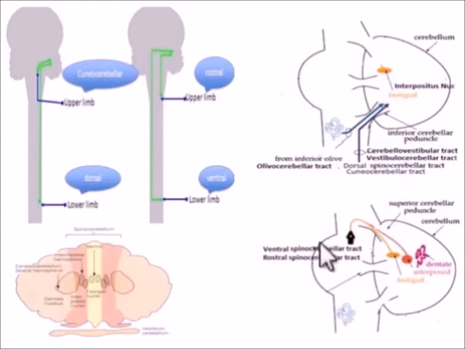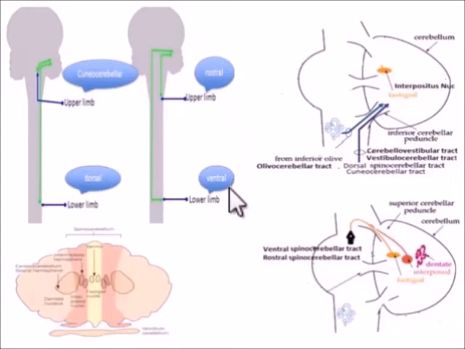And if you see the fibers that enter through the superior cerebellar peduncle into the spinocerebellum, this tract is the anterior spinocerebellar tract, and this tract is the rostral spinocerebellar tract.